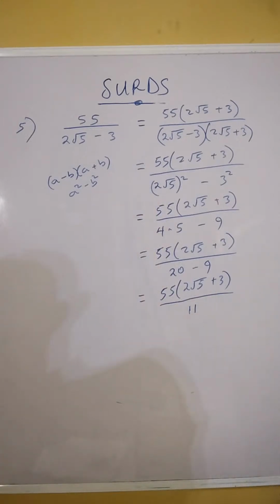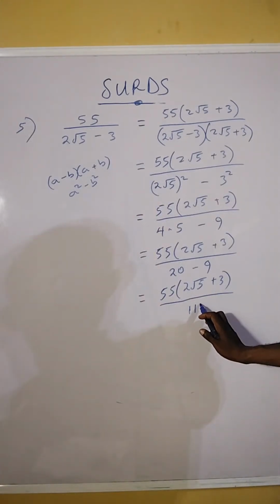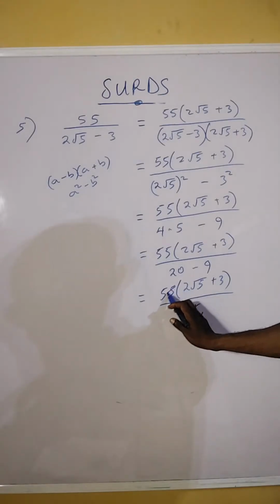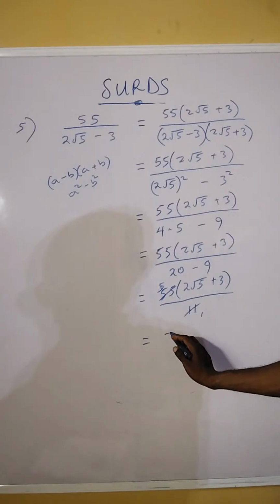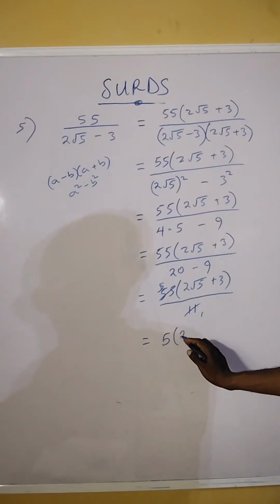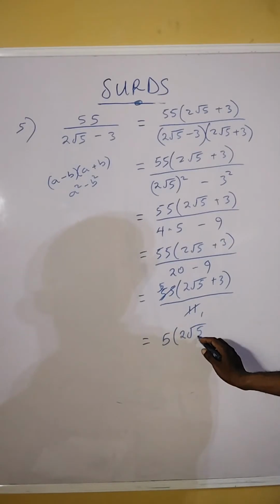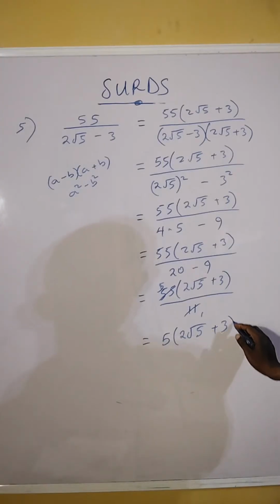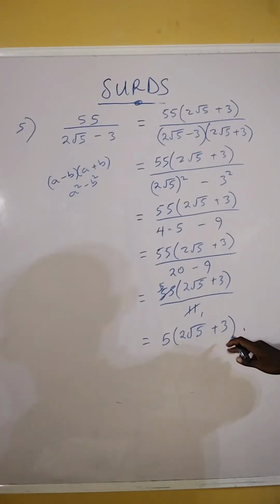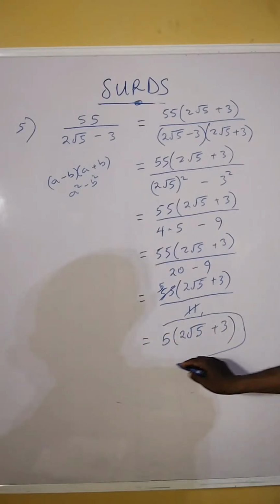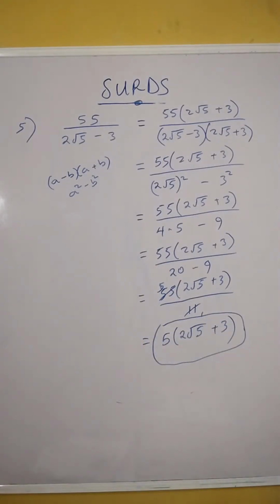Okay, then here we can say 11 goes into 11 one time and 11 goes into 55 five times. That is, what we have left becomes 5 into bracket 2 root 5 plus 3. So we have this now as the simplified form of this given problem.